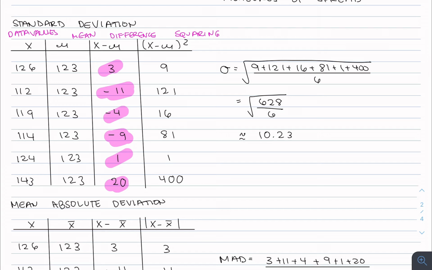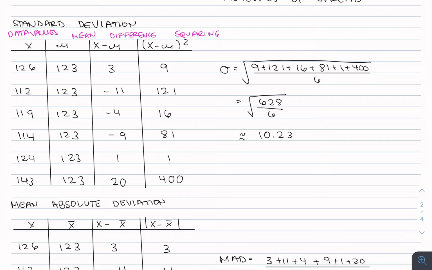So if we look at just the differences, which again could be distance, if we just were to add them up as is, we'd get 0. That's why we have to square these numbers, because we don't want the difference to end up being 0. We want to get some sort of measure of how far apart everything is from the center.